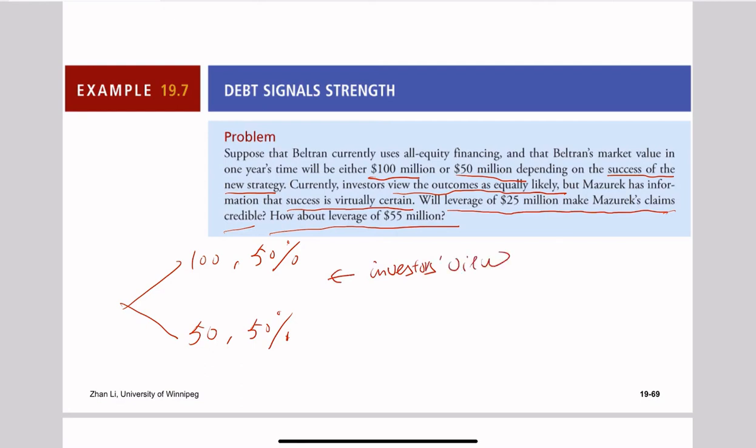However, from the perspective of the firm, this is for certain, right? Now, the firm tries to use debt as a signal to convey this good information to investors. And the firm has two choices, $25 million and $55 million.